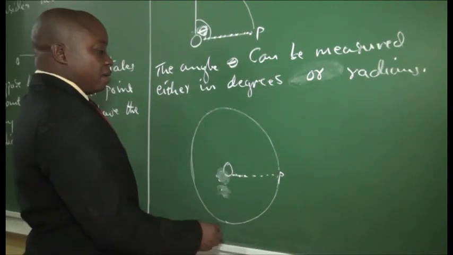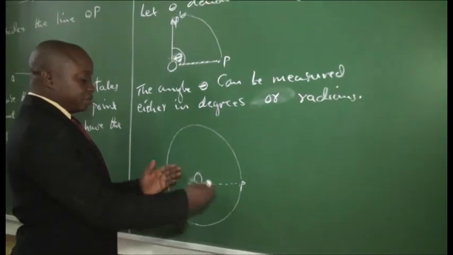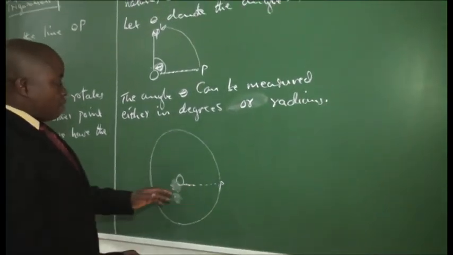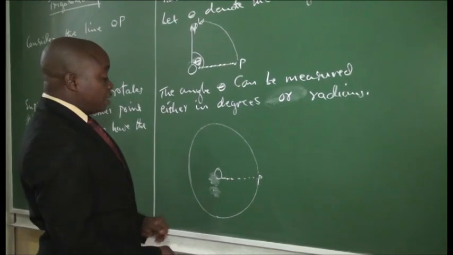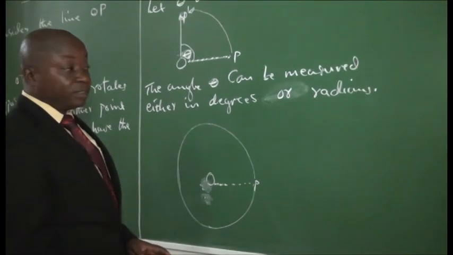Okay, and we see that this forms the circumference of a circle. It forms the circumference of a circle, which is equivalent to 2 pi.